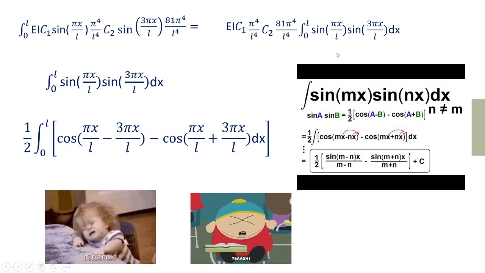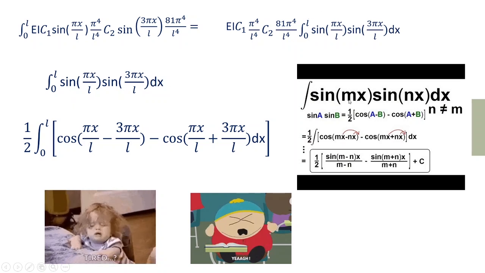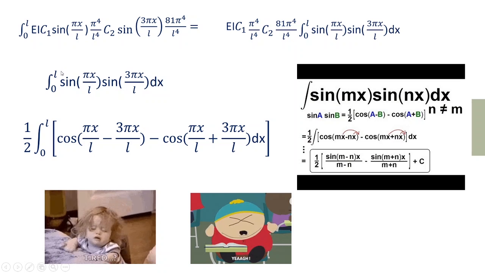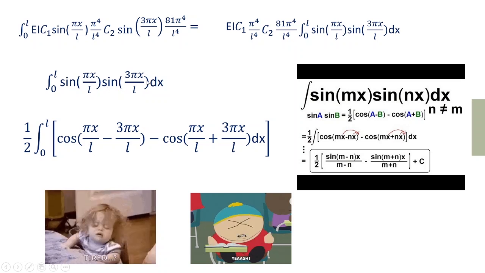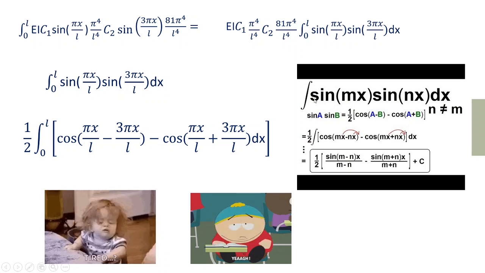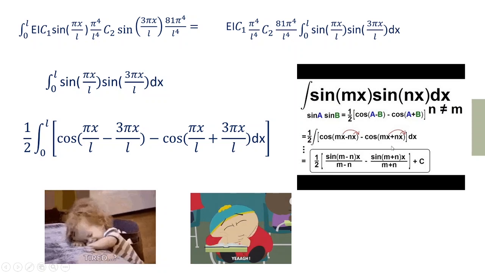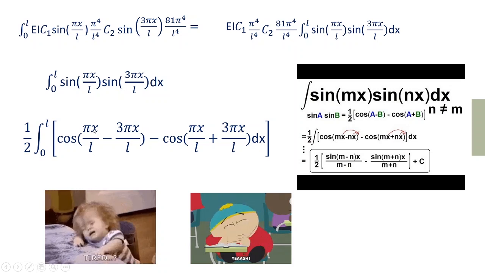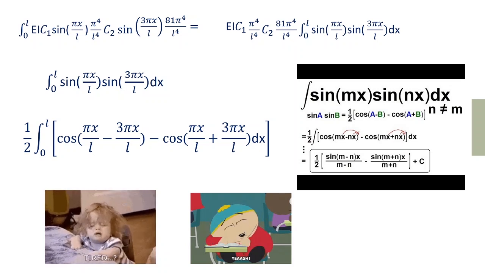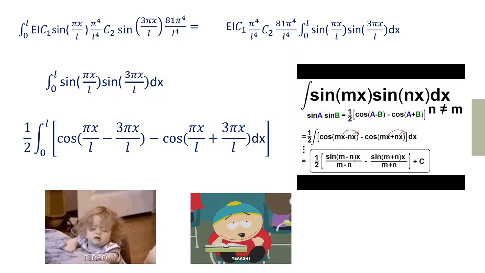If I integrate from 0 to l sine pi x by l sine 3 pi x by l dx, it's just like the integration of sine mx sine nx dx. If I arrange according to this formula, I will get this equation. The slide where I will put in the link, you can download there also to check the whole solution.